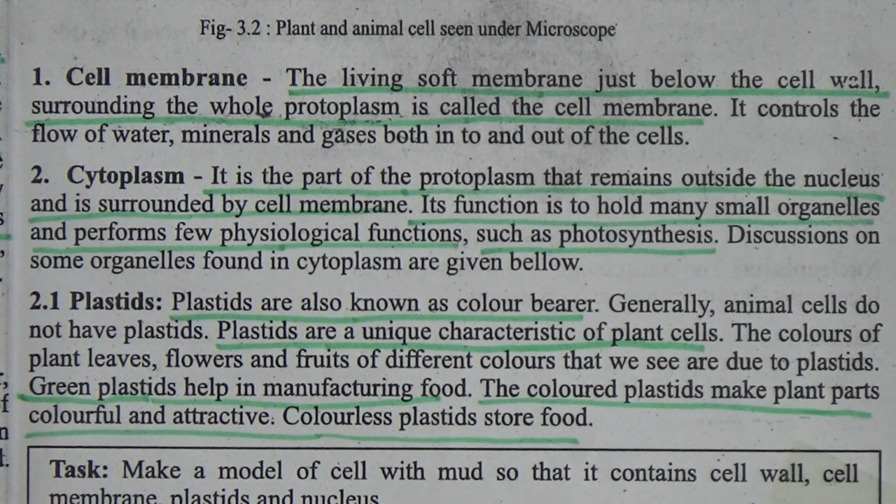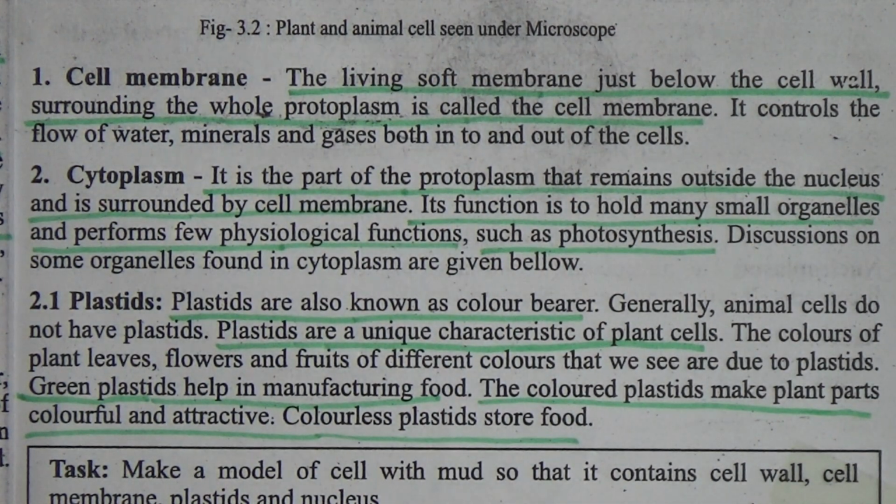We see that different kinds of fruit have different colors: apple is red, watermelon is green, grapes are green, and blackberry is black. So plastids help to make color in their body. In the human body or in animals there will be no plastid, which is why they are colorless.